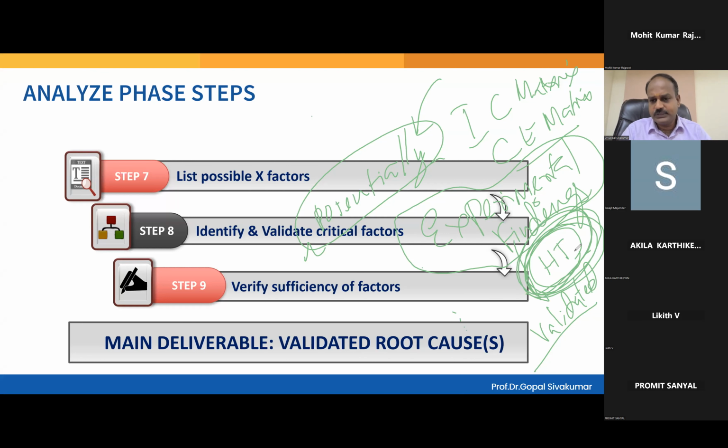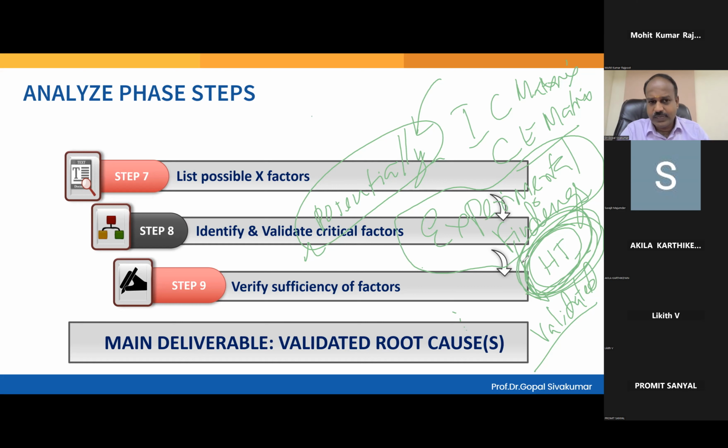And in hypothesis testing, we will be checking the significance, not the difference. Please understand. Difference will always be there. But significant difference will be there only if there is a real difference. We will do the experimental verification and then we'll take a decision.